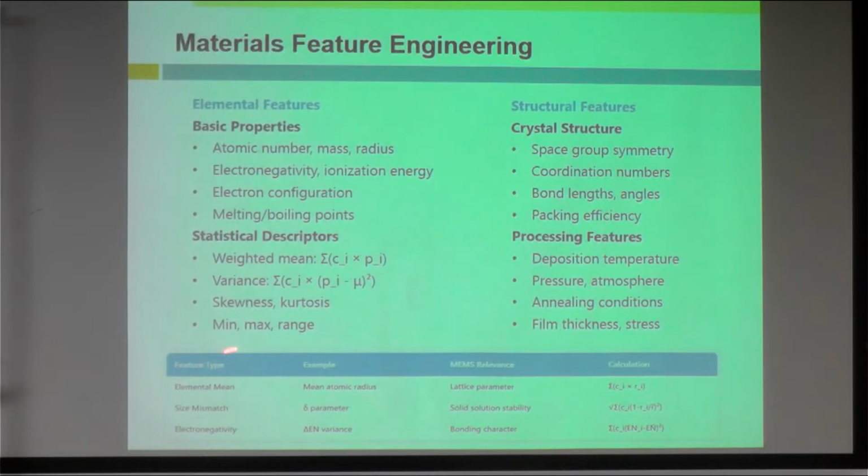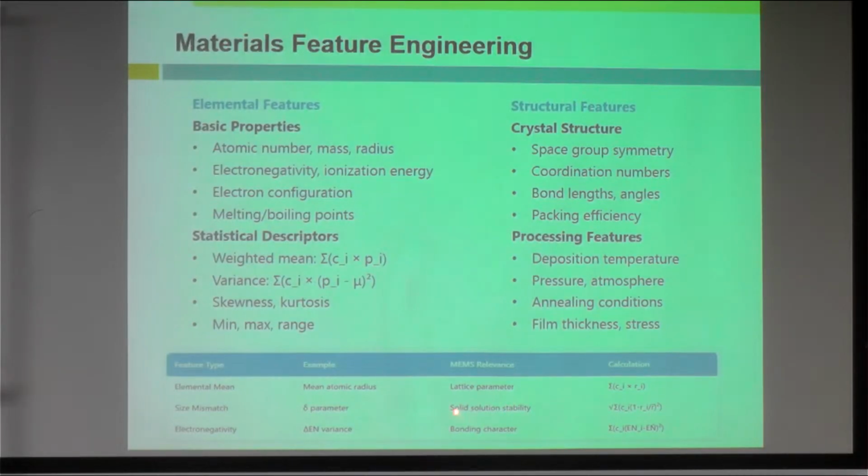For example here, feature type: elemental mean, example, mean atomic radius. Then for MEMS relevance, you have to look into the lattice parameter, so this can be calculated by this. Then another thing, for example here, size mismatch. So an example is the delta parameter.